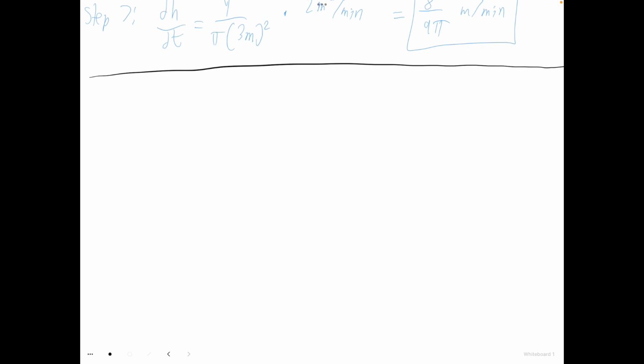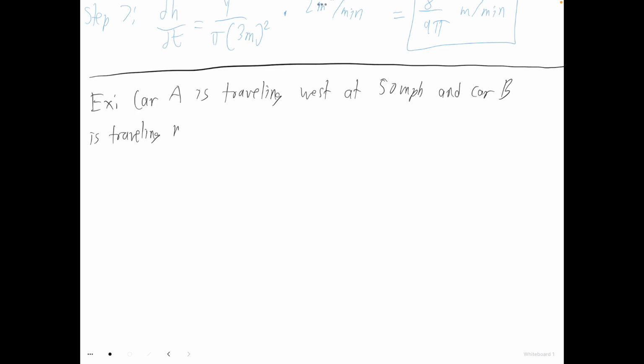So let's look at another example now. Car A is traveling west at 50 miles per hour, and car B is traveling north at 60 miles per hour.